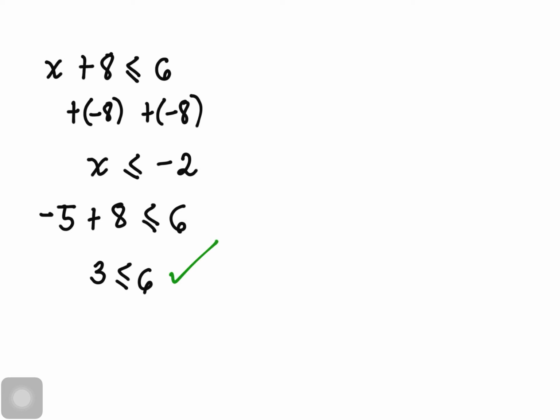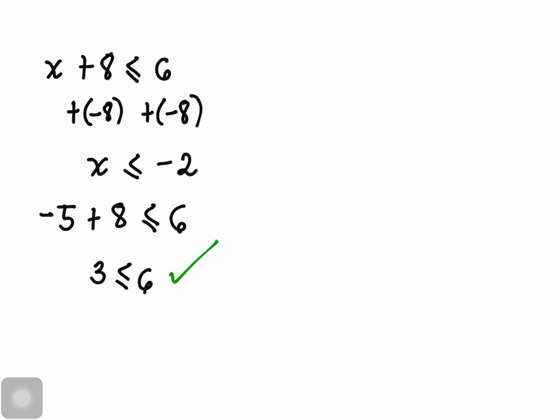Now, pause the video for a while and try choosing another number to check if it will satisfy our inequality statement x plus 8 is less than or equal to 6. If the number that you chose is less than negative 2, it should satisfy the inequality statement. But if the number that you chose is greater than negative 2, it will not satisfy the inequality statement.